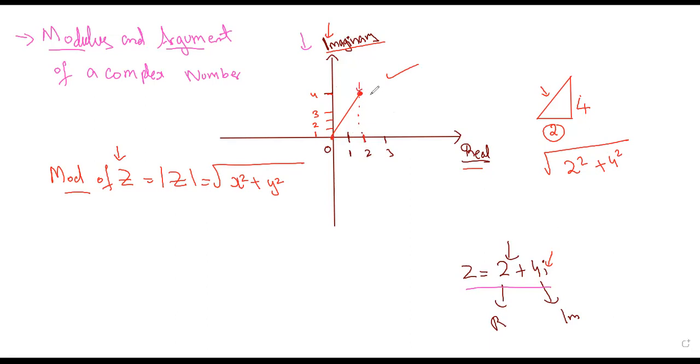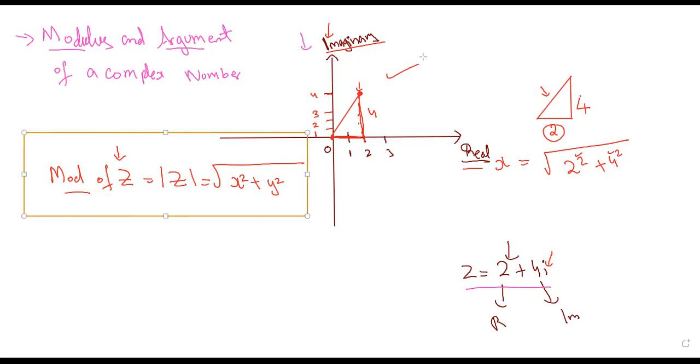And I tried explaining this using the Pythagoras theorem that since this length is 2 and since this length is 4, we know that we square the two small sides and we get the third one, right? This one, the third side, let's write it as x, okay? So this is how in general you define mod. If you have a complex number x plus iota y, this is how you define its mod. Z equals x plus iota y, right?